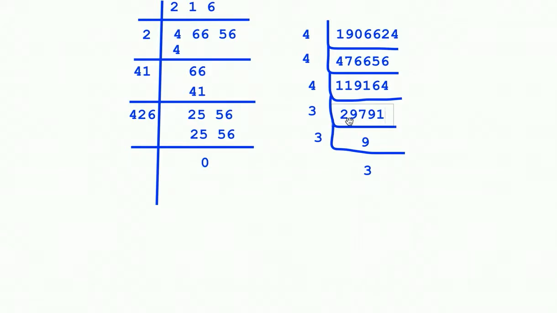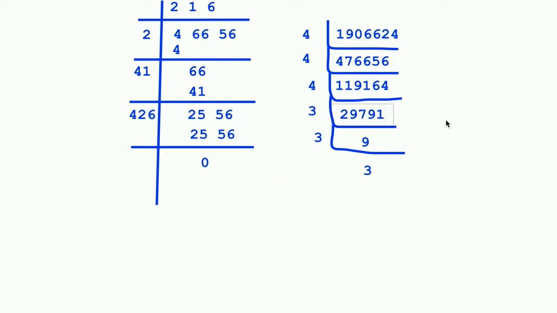7 2s are 14, 7 3s are 21, 7 4s are 28, yeah, 28. 7 2s are 14 again. 7 5s are 35. No, it won't go by 7 either. Then we have to try for 9.